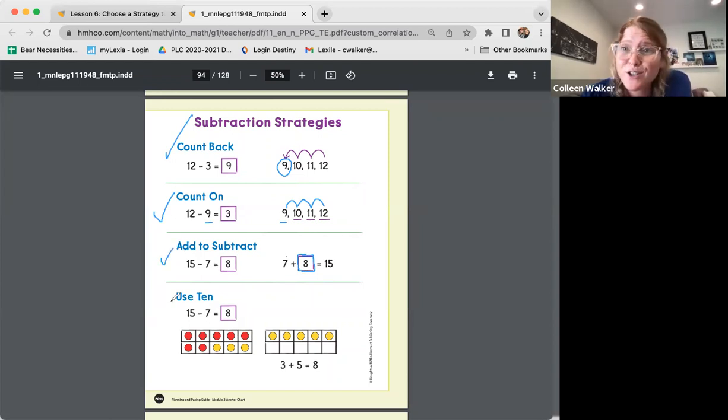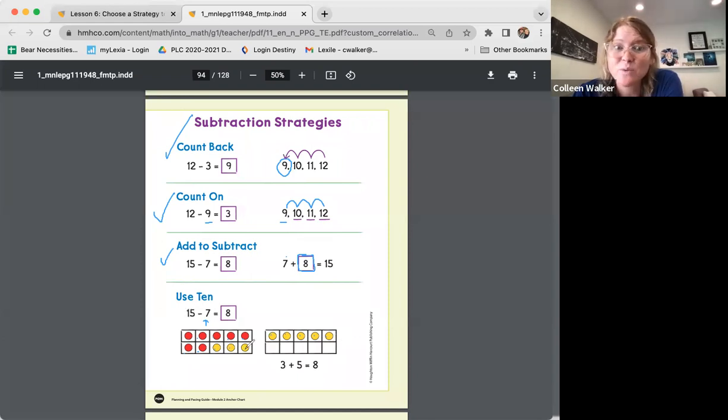And one additional way we've been using is using 10. For example, what's 15 minus 7? We start with this number, and we will draw 7 or use 7 counters. Then we'll use a different color counter to figure out how many more counters we need to get to 15.